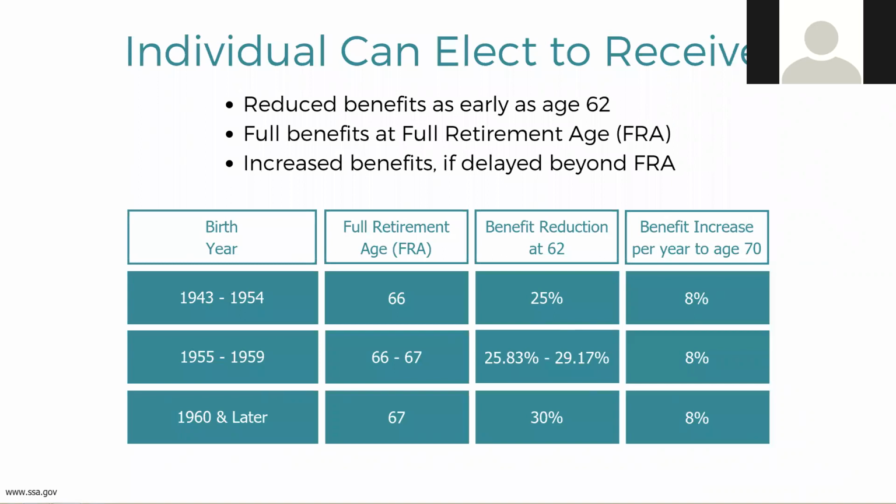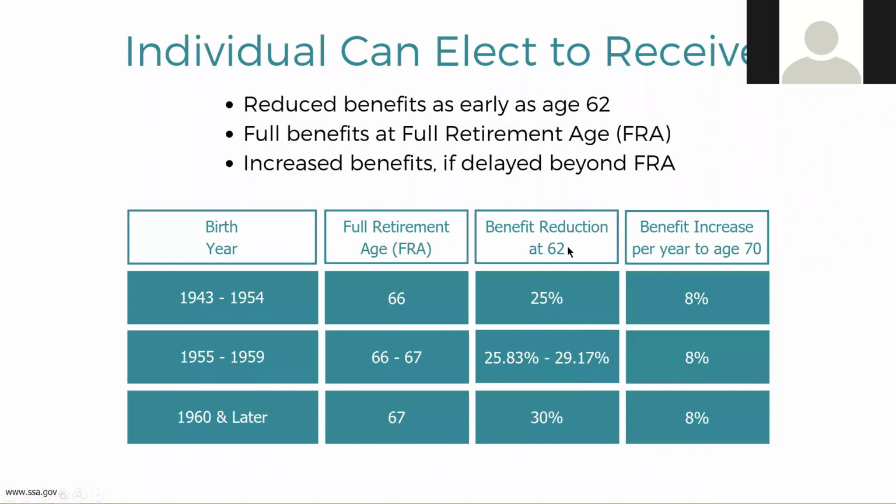If your full retirement age is 66 and you file at 65 and 11 months, that's considered filing early. Or if you file at 62, that's still filing early. Alternatively, you can wait and defer your benefits beyond your full retirement age.